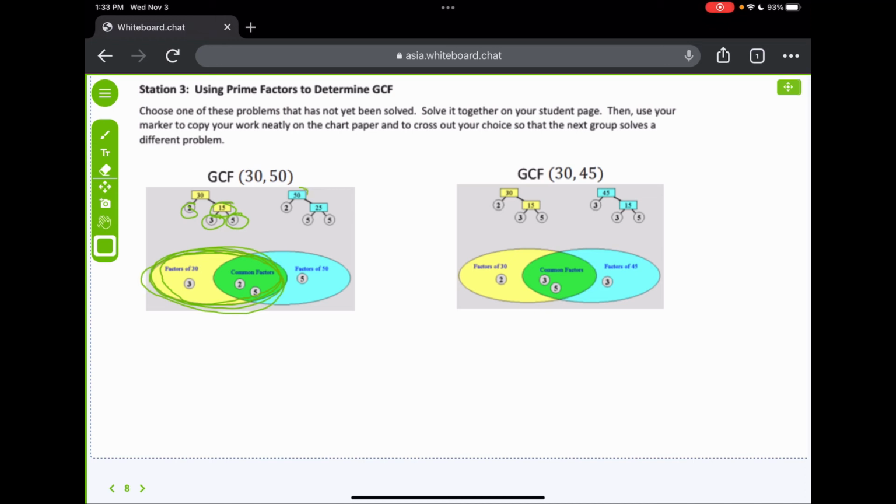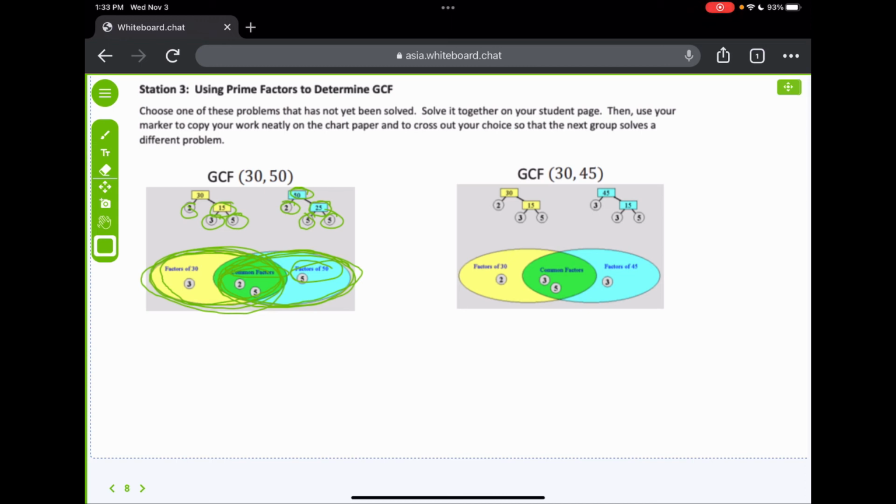And since 50 can break down to 2 and 25, 25 can break down into 5 and 5, well, this has common factors of 2 and 5. And then it only left this 1 five out here because the 30 only had 1 five.